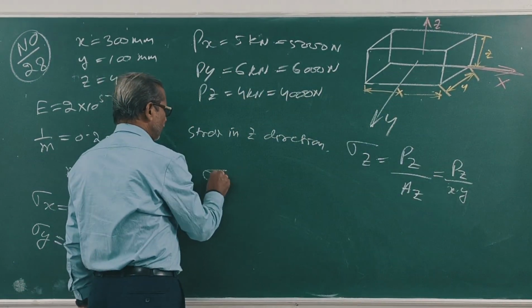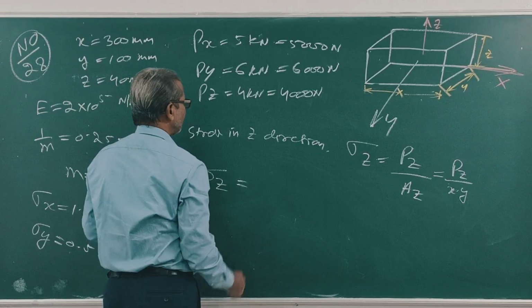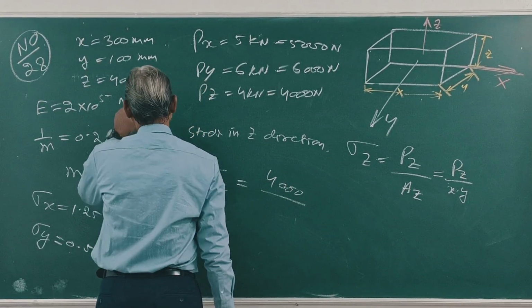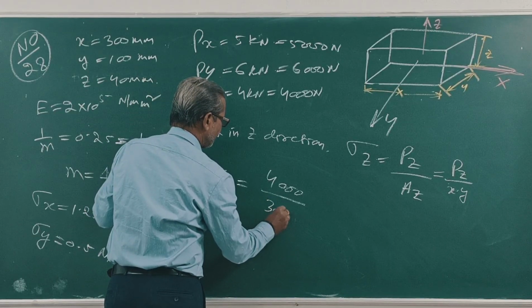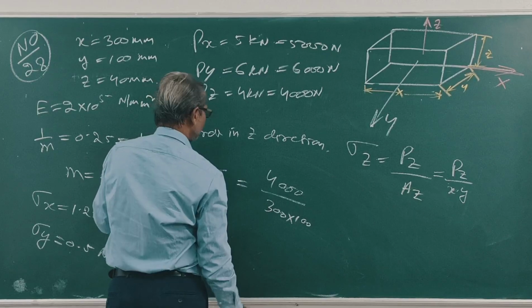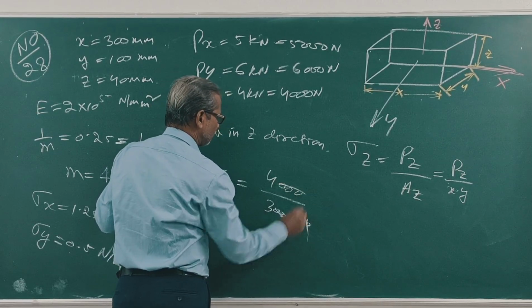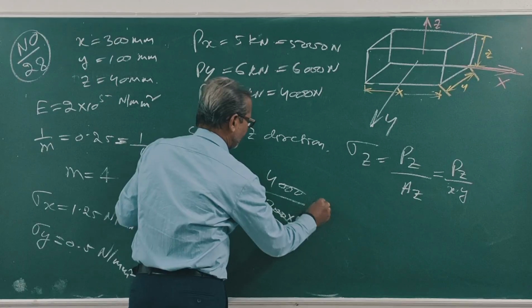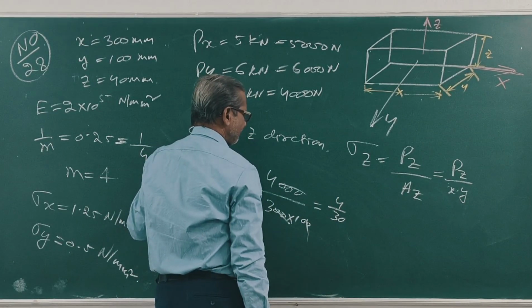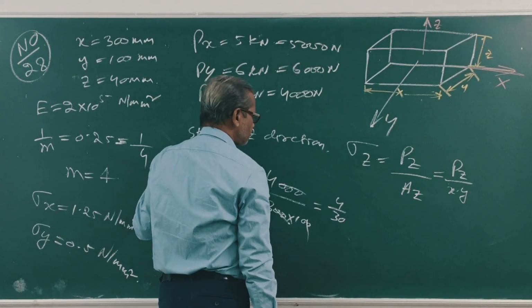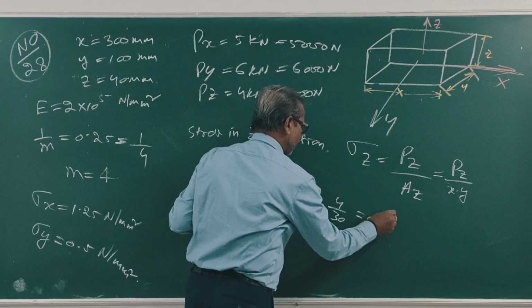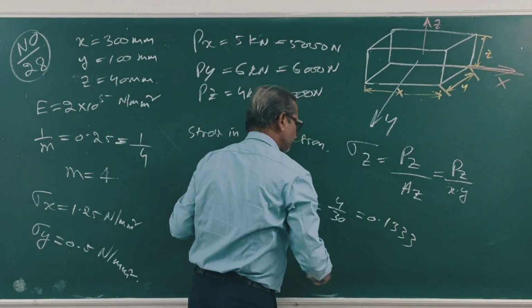So sigma z is equal to what is Pz? 4000 by x and y. What is x? 300, y 100. The 30 cancels out, so 4 by 30. 4 by 3, 1.333.